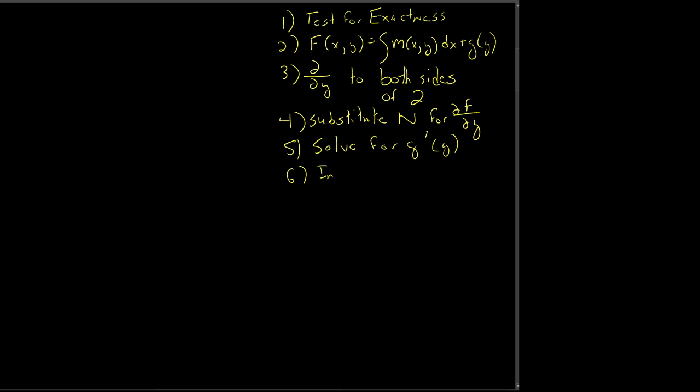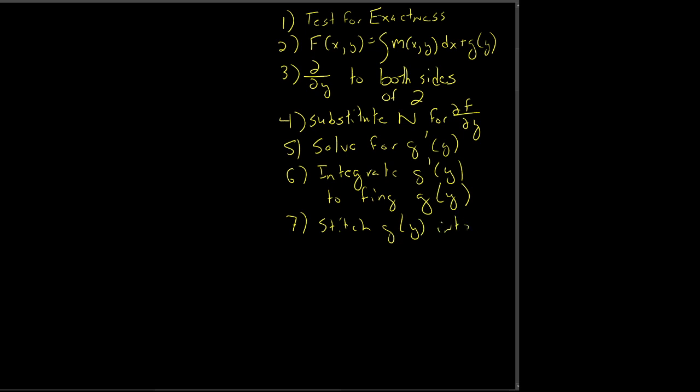And integrate g prime of y to find g of y. Stitch g of y into what came out of step 2. And there we go. That's what we're going to do.